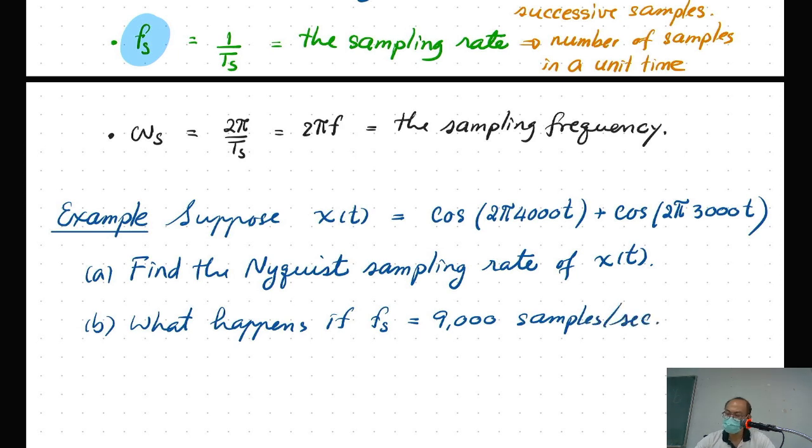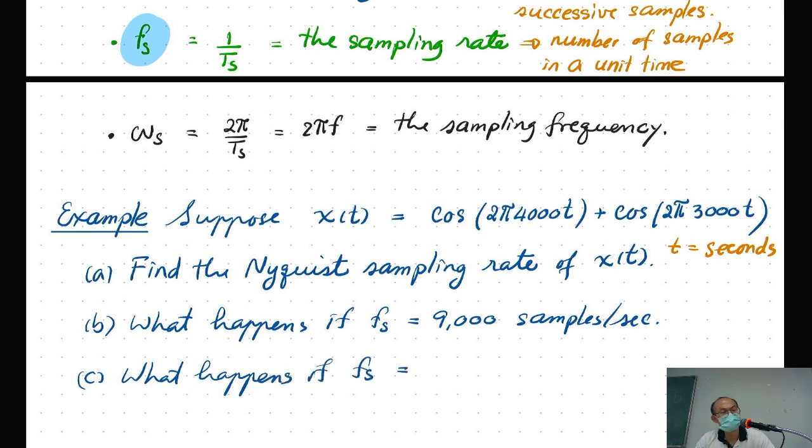Oh, I forgot to mention, t is in seconds. And C, what happens if Fs is 5,000 samples per second?